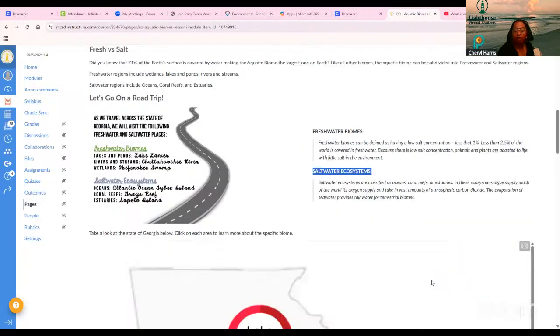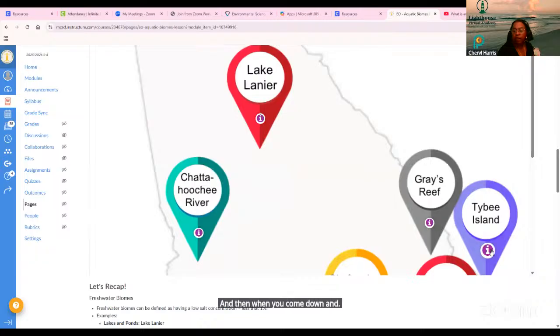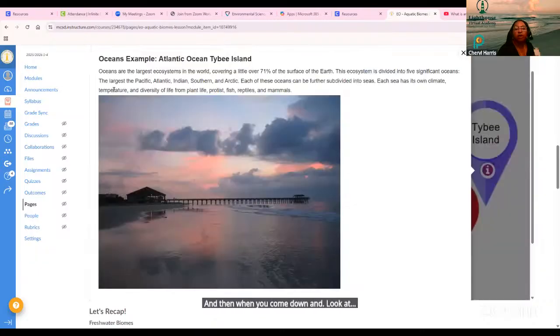And then when you come down and look at these, look at how it is described.